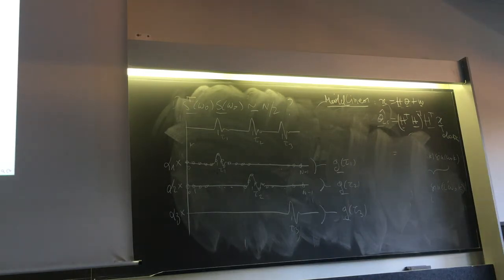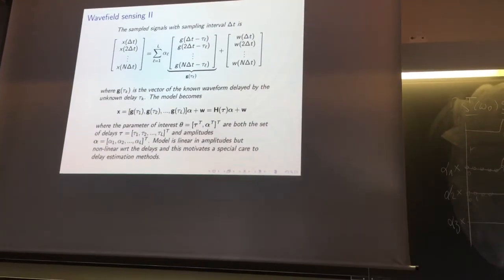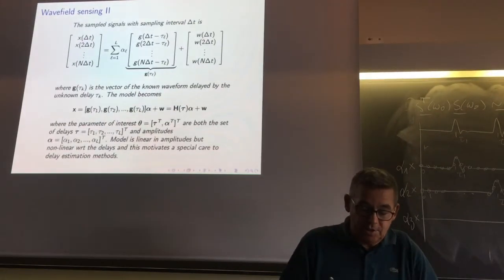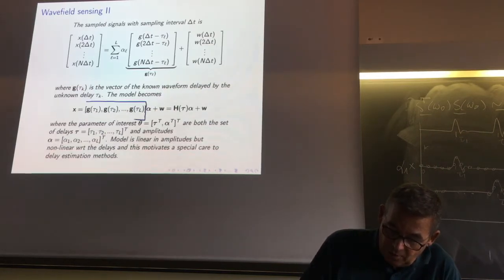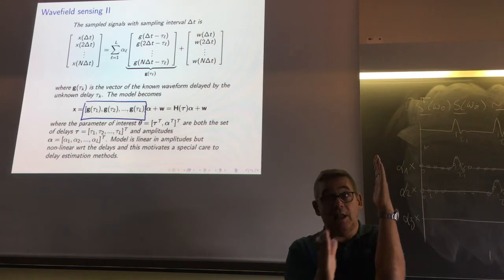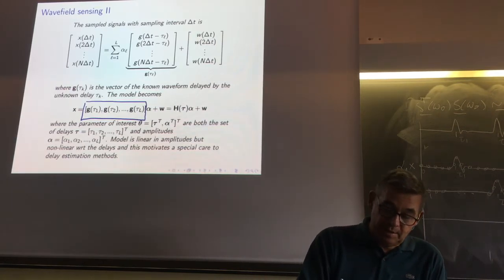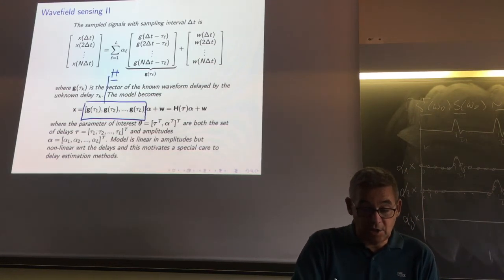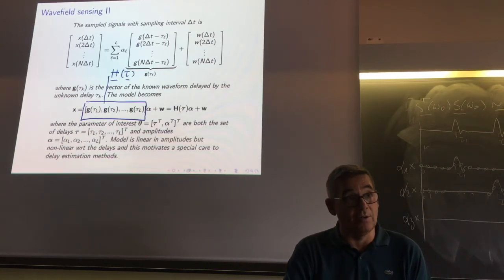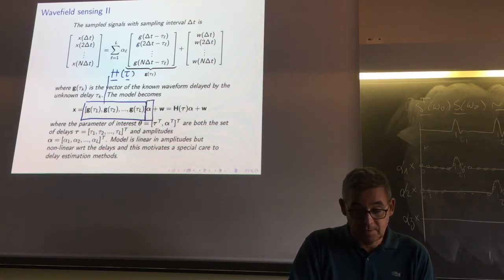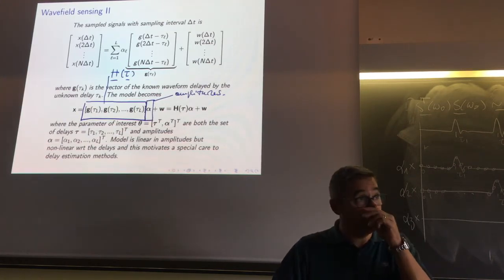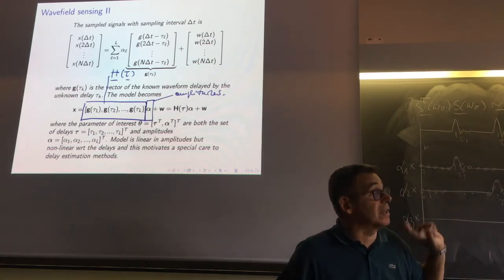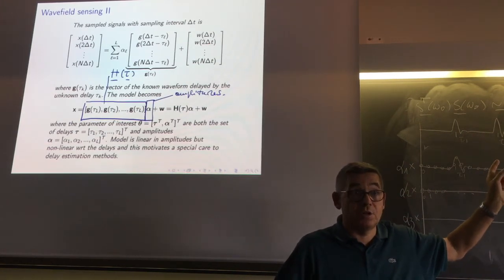So if I need to describe the model, I can do it by writing a matrix H, which is composed of all the vectors that contain the delayed waveform. This is a matrix H in our model. This matrix H depends on the set of delays tau. And this is the amplitude. And the amplitude, on the other hand, is linear, as you see in the first equation on the top.